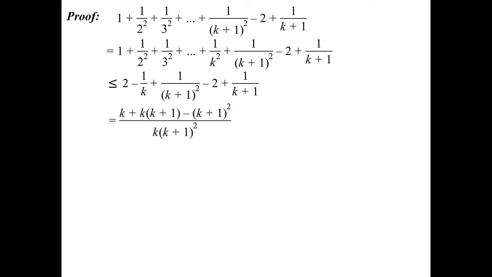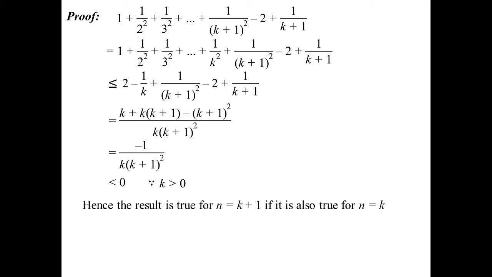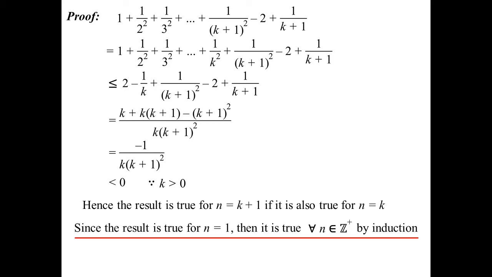And I'll make it all one fraction. Top of the fraction becomes negative 1, because the bottom of the fraction, k plus 1 squared, well, that's positive, k. Well, we've assumed k is a positive integer. So that certainly has to be less than 0. And we know that because k is always greater than 0. Hence, the result is true, etc., etc., etc.